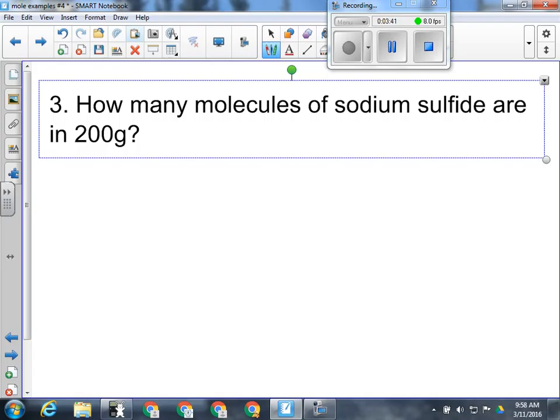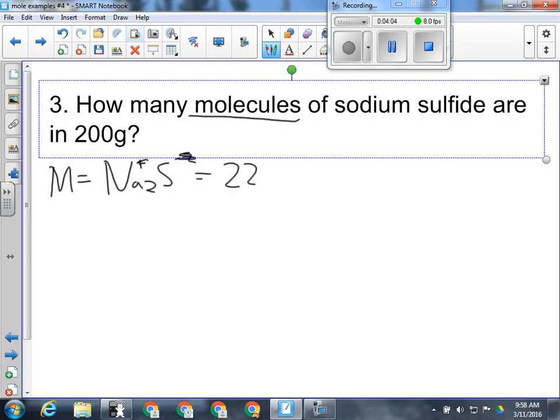How many molecules of sodium sulfide are in 200 grams? I saw the word molecules. What am I going to have to use? Avogadro's number. What I'm given is the material, sodium sulfide, which is ionic, plus 1, minus 2, so I've got Na2S for my formula.